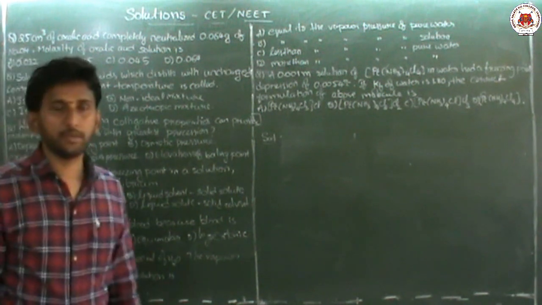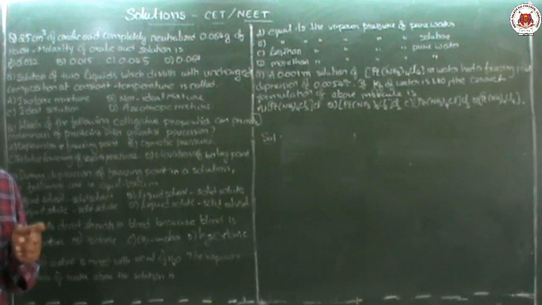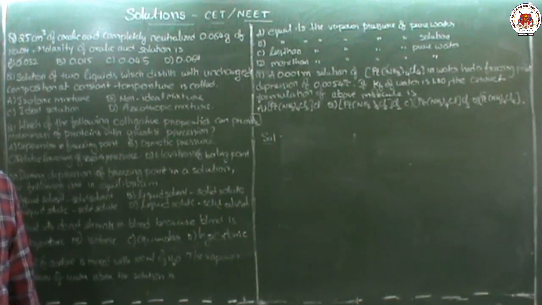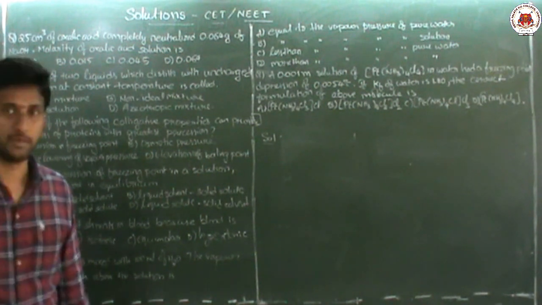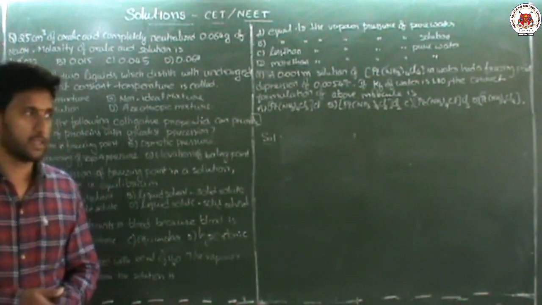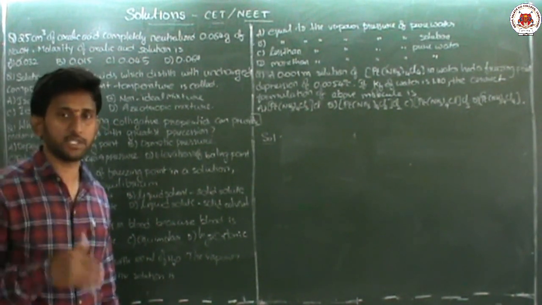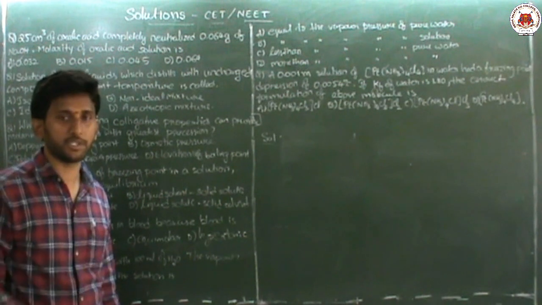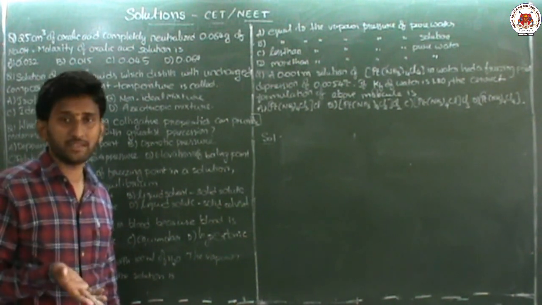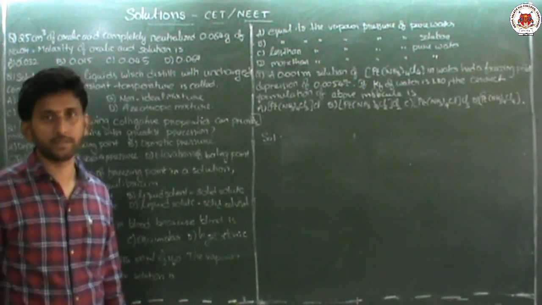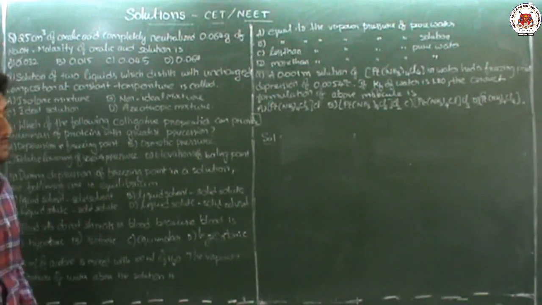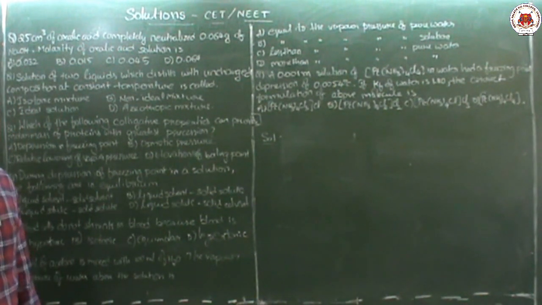In both of them you will observe minimum boiling azeotropes and maximum boiling azeotropes. First of all, what is an azeotrope? Azeotropes means solutions which have the same composition in the vapor phase as well as in the liquid phase. Such a type of mixture is called an azeotropic mixture.